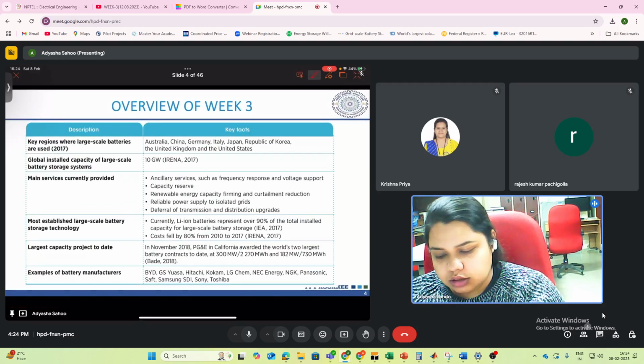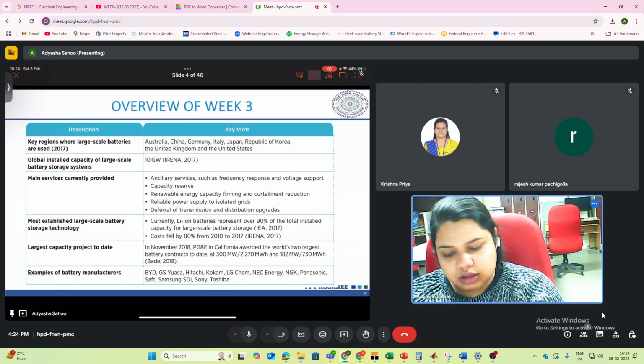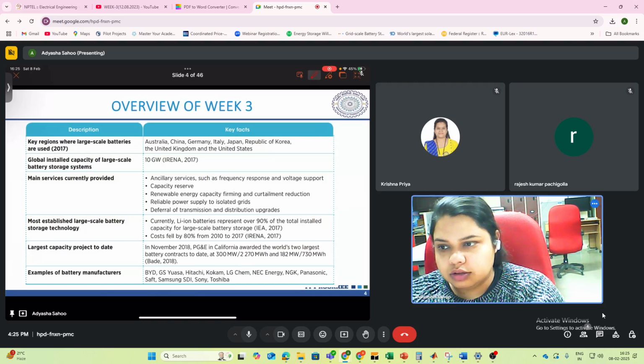So the key regions where some large scale batteries have been installed are basically Australia, China, Germany, Italy, United Kingdom and United States. And the global installed capacity of the large scale battery energy storage system was about 10 gigawatts, and this data is up to the year 2017.